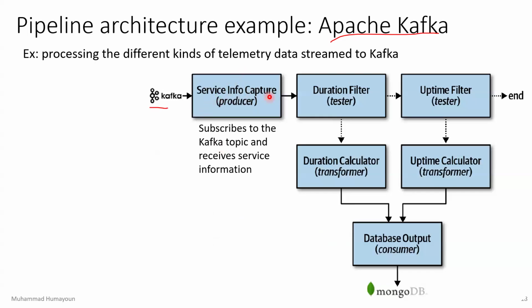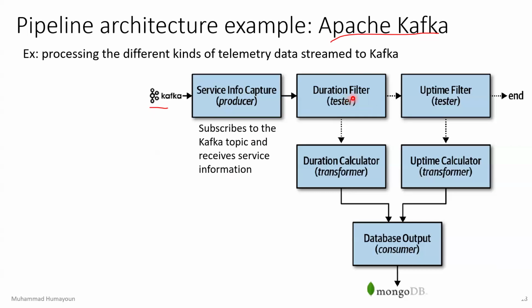So the service info capture, or producer, will capture all the things that you subscribe to. There are a lot of channels, a lot of things. You only receive what you need; that is the first filter. The producer produces the data for your needs. Then you can apply some kind of filter, this tester filter.